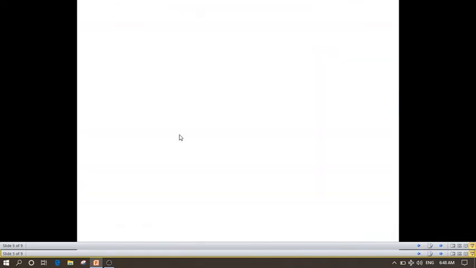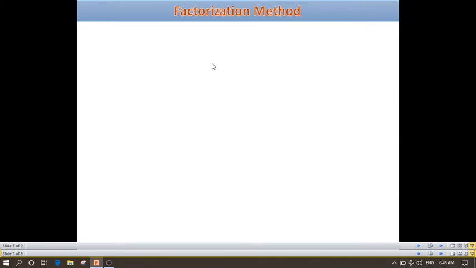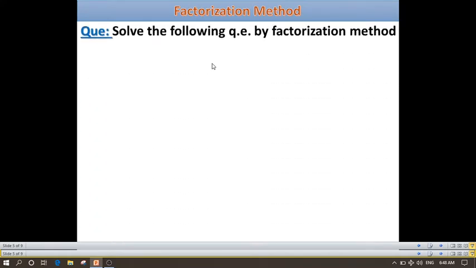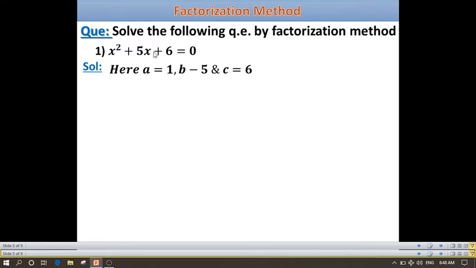Now take example. Question is, solve the following quadratic equation by factorization method. First, take a simple quadratic equation x square plus 5x plus 6 is equal to 0. If we compare this quadratic equation with general form, we have a is equal to 1, b is equal to 5 and c is equal to 6.